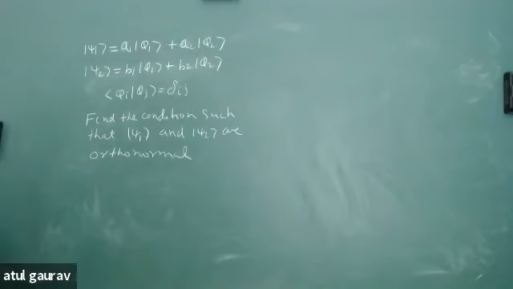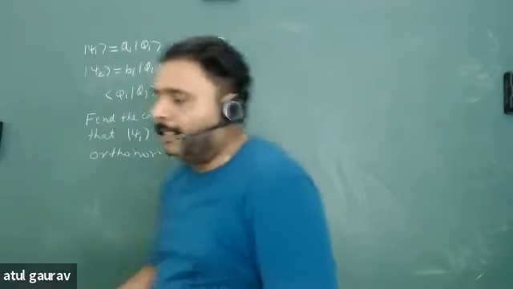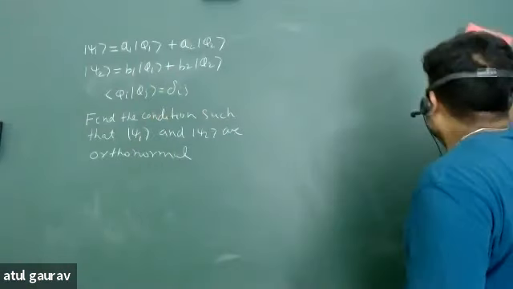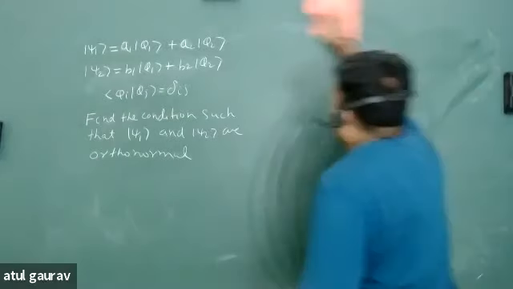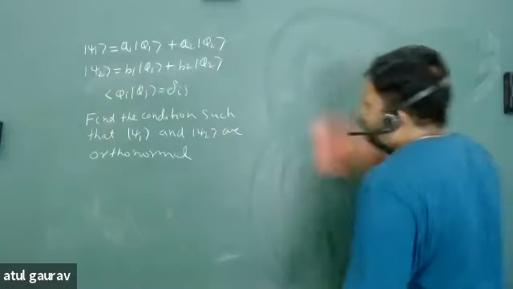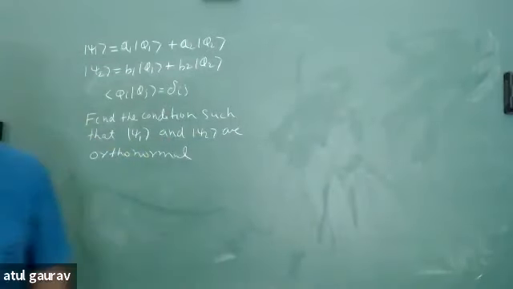How many conditions do you have to get from here? 1, 2, 3. Three conditions. Very good. What are the conditions? The first condition is the normalization of psi 1. The second condition is the normalization of psi 2. And the third condition is the orthogonality.